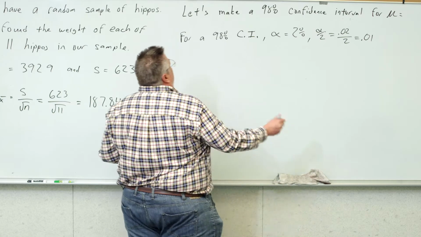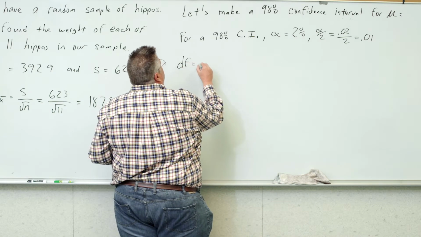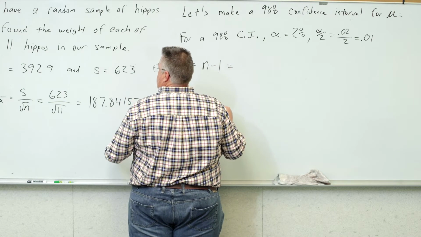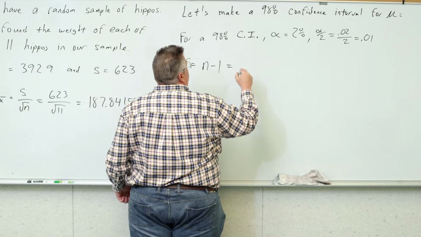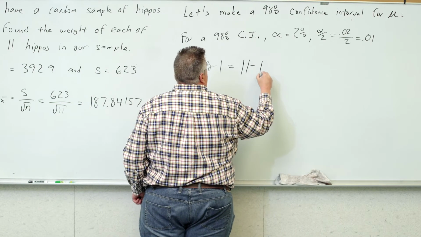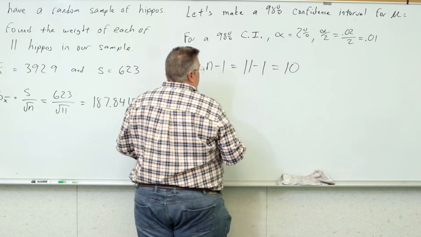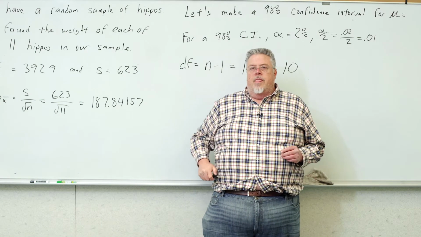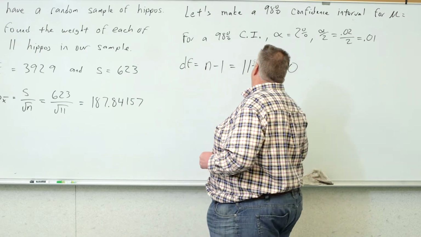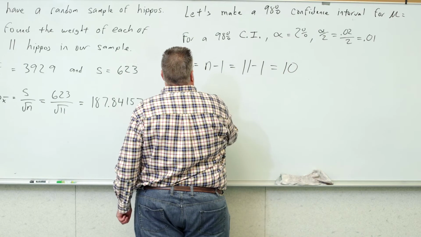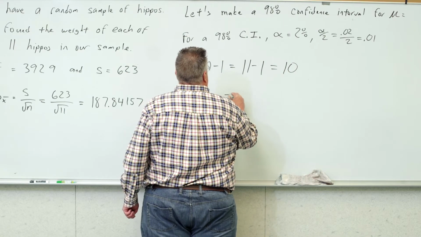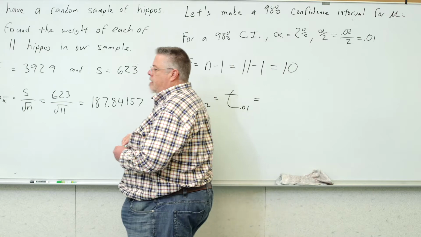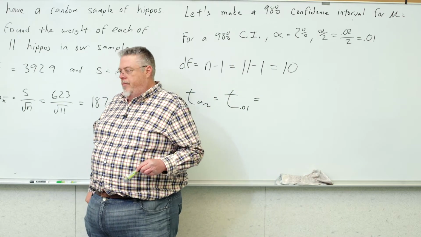Okay. Now, what's new here is my degrees of freedom is n minus 1. In this case, n was 11. We had 11 hippos that we weighed. So, not too hard to do. We've got 10 degrees of freedom. So, t of alpha over 2 is now the t-score that leaves 1% in each tail.